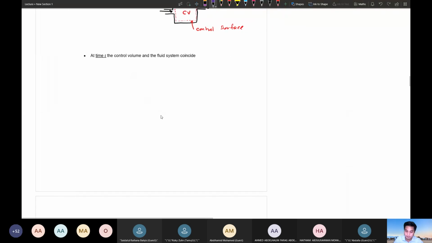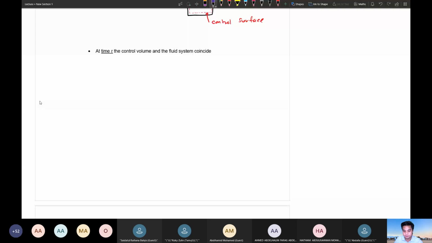For example, we have the diffuser. Okay. Alright. Right, this is the fluid flow. Okay, right. Okay, this is the system.